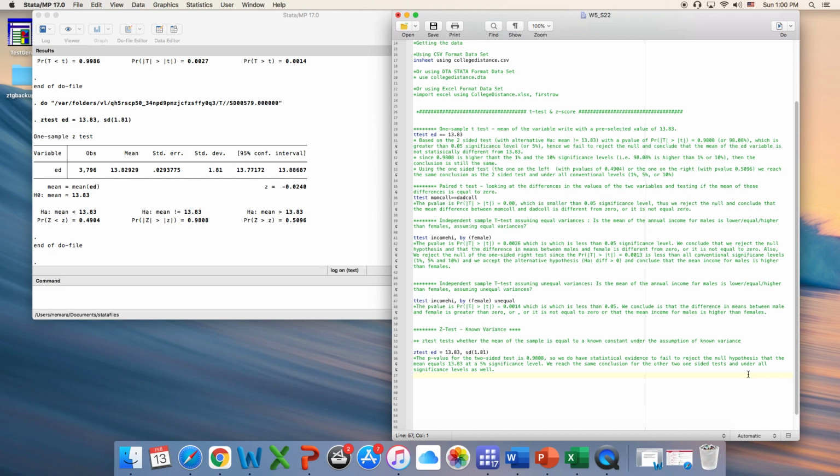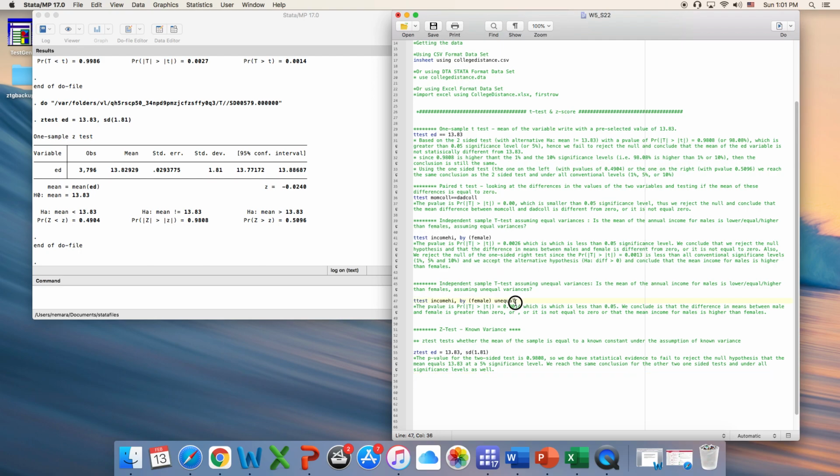Okay, so this week we learned these commands: the t-test under a certain pre-selected value. We also learned the paired t-test, where I have two variables and I'm testing whether their averages are equal, or whether there is no statistically significant difference in the difference of their means. Here I'm testing the independent sample assuming equal variances.